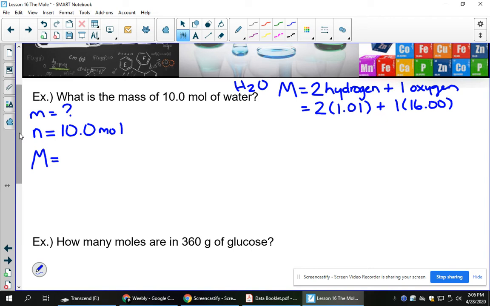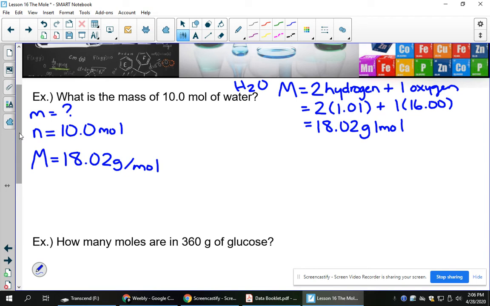And I get 18.02 grams per mole. So I can list that in everything that I have. The question is never going to give me that number. It's going to assume that I can use my periodic table and find it myself. So I need to know how to calculate molar mass first.